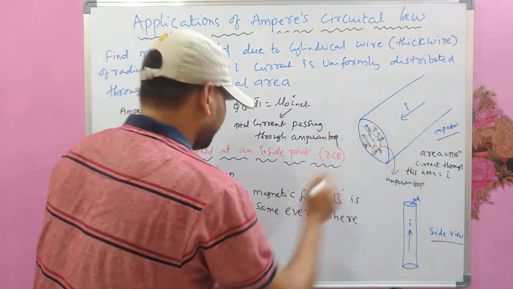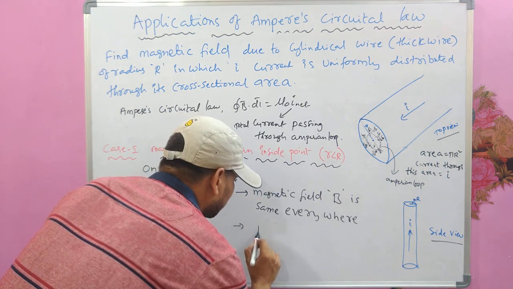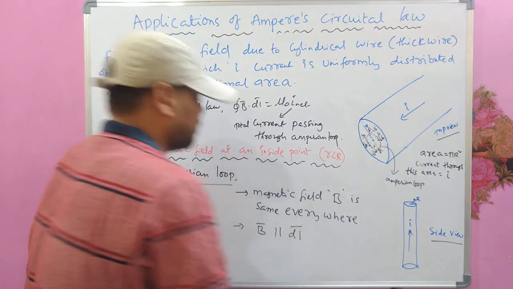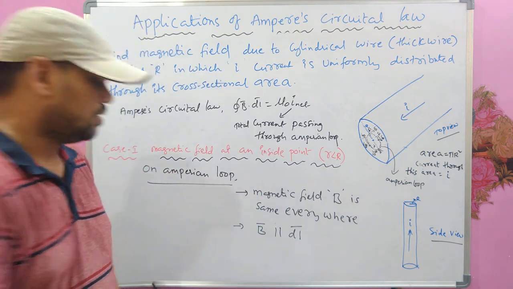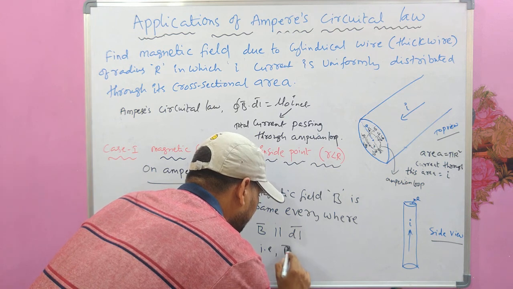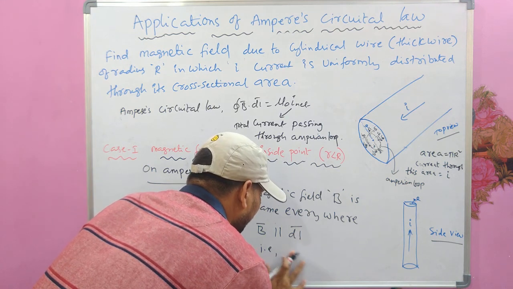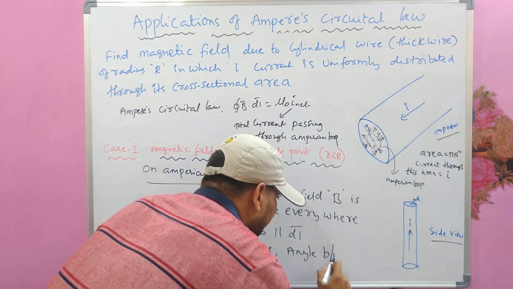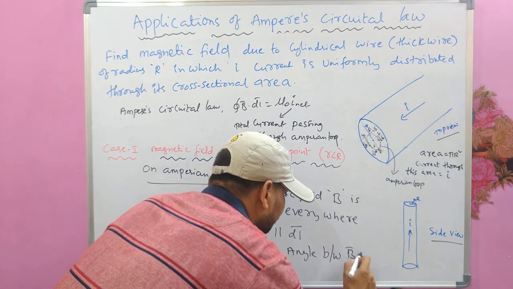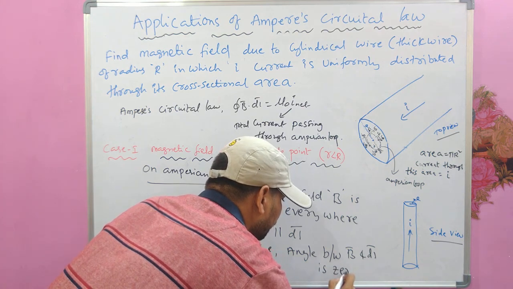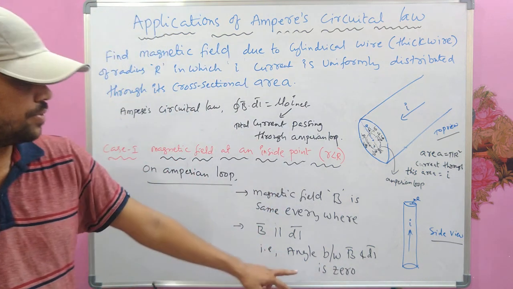And the second point we can say is that magnetic field is parallel to DL, which means the angle between B and DL is 0. They are parallel to each other.